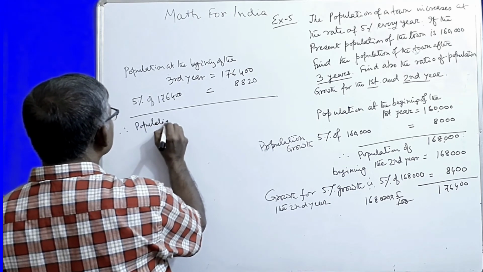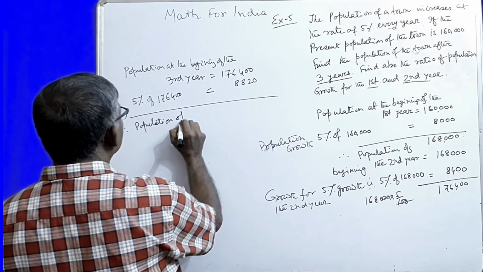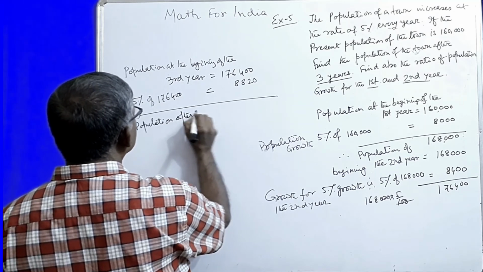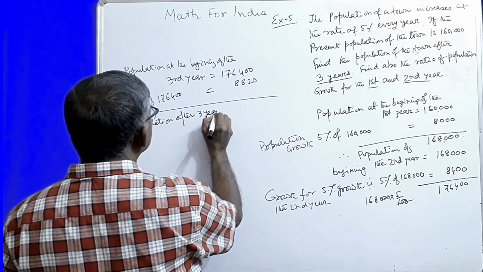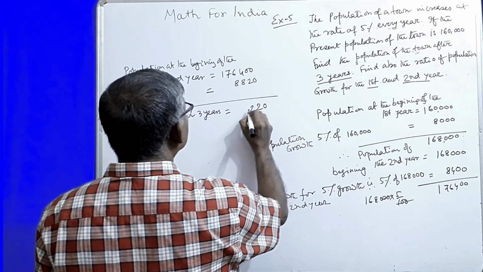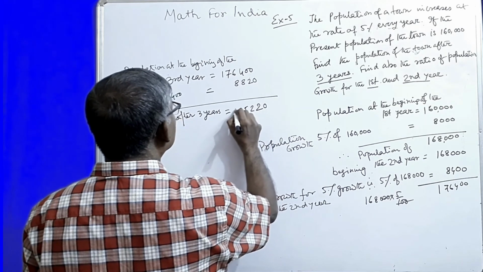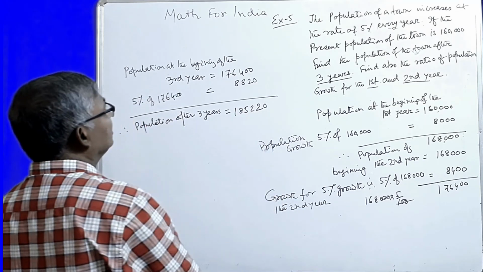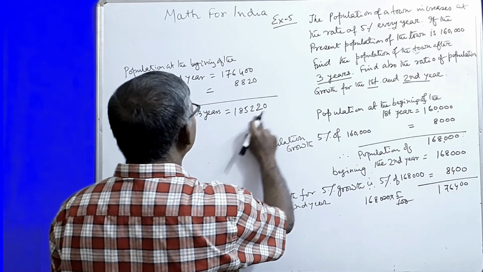Therefore, population after 3 years equals to 1,85,220.